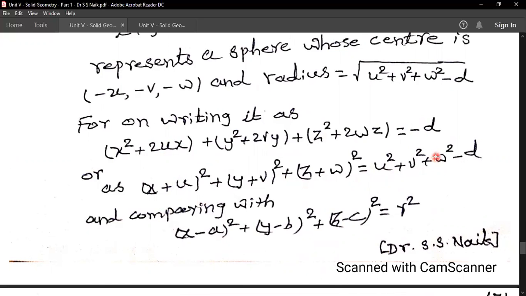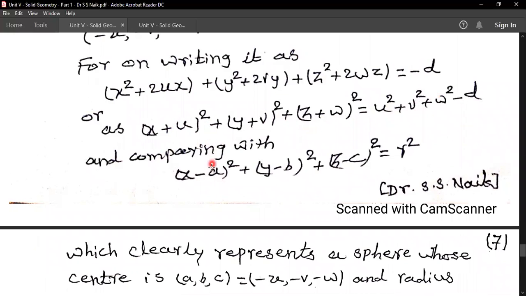Comparing this equation with (x minus a) square plus (y minus b) square plus (z minus c) square is equal to r square, which was the equation of a sphere with center (a, b, c) and radius r, we get minus a equal to u, that means u is equal to minus a.